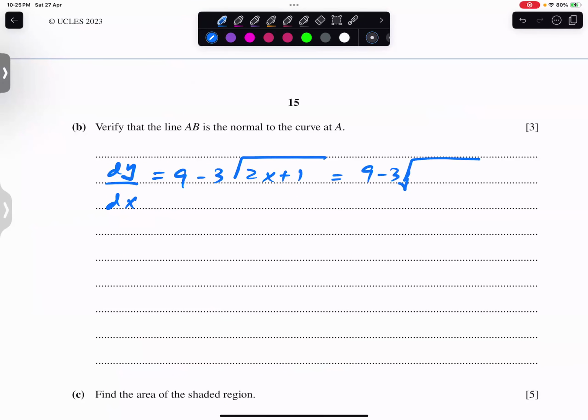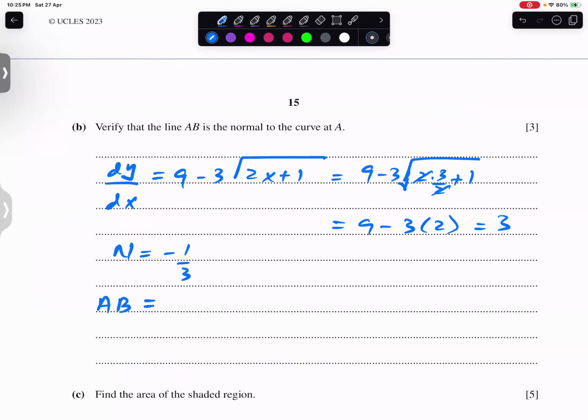So 2 into 3/2 plus 1, so that will be 9 minus 3, root 4 will be 2, so this will be 3. Gradient of tangent is 3 and gradient of normal will be -1/3. Okay, now let's check the gradient of AB using the formula y2 minus y1 over x2 minus x1.